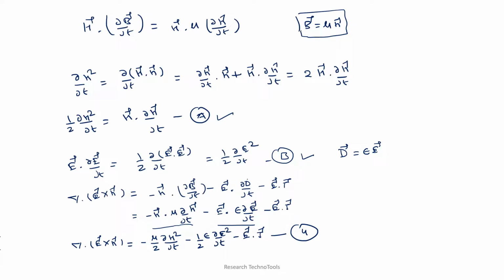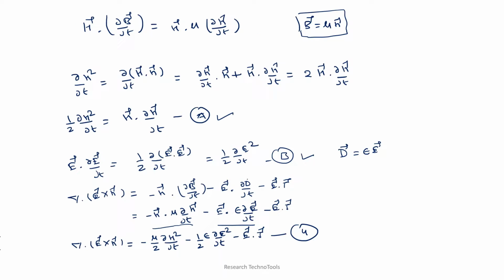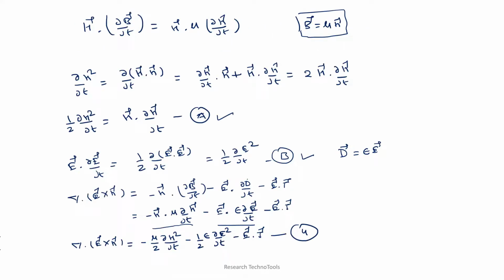In equation number 4, on the left hand side is the divergence of E vector cross H vector, so we have taken the volume integral of this one. On the right hand side, the first term is minus mu by 2 del H square upon del t, so here we have written minus 1 by 2 del by del t of mu H square. Then the second term is minus 1 by 2 epsilon del E square by del t.